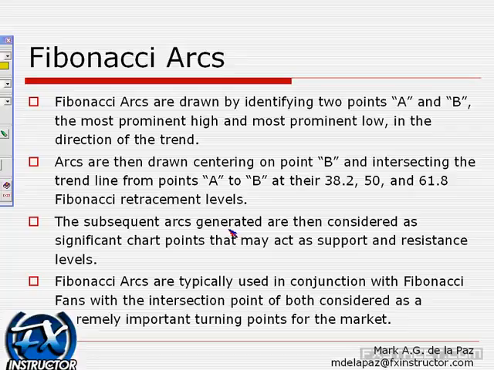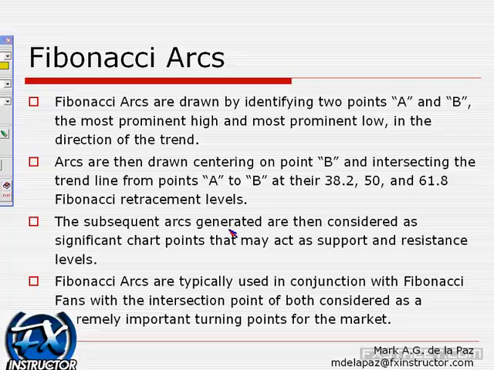The same rules as when we draw the Fibonacci retracement. Identify the price swing. Identify your lowest low, highest high in the price swing. And that's your starting point. Again, the software will generate the arc for you. But the way they're generated is the same as we drew the fan lines.